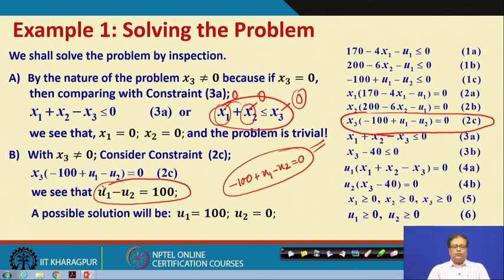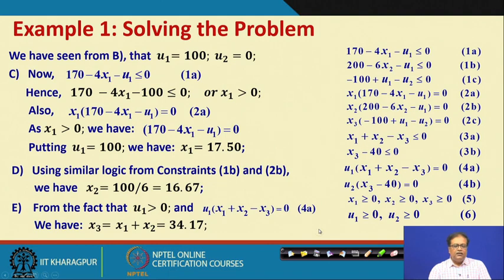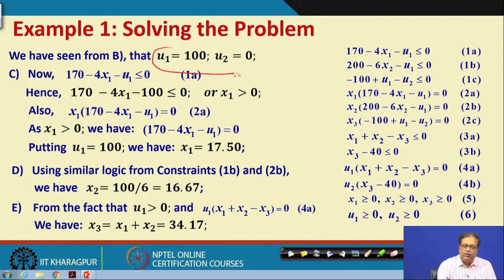Although we cannot just jump like this, we can say a possible solution could be u1 equal to 100 and u2 equal to 0, right. Let us go ahead with this and see if I take these u1 and u2, can we satisfy all of the constraints. So precisely that is what we are going to try: we take u1 equal to 100 and u2 equal to 0, right. So these two we take.